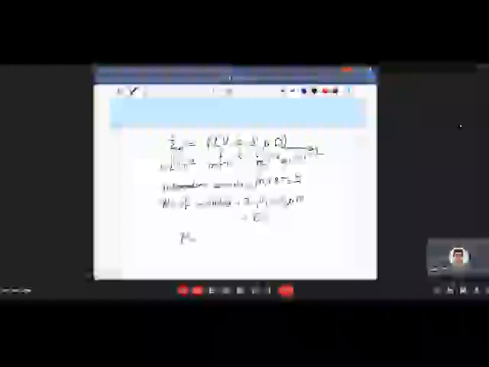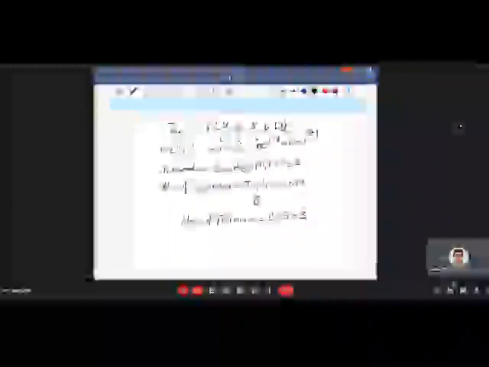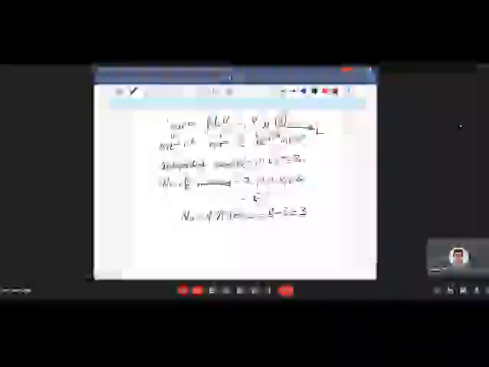Therefore, the number of pi terms is equal to 6 minus 3, which is 3. So there must be 3 pi terms, pi 1, pi 2, and pi 3, and we have to decide which of these will come in which of those.